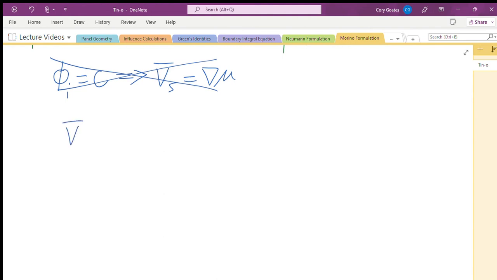V on the surface is equal to the gradient of the total potential on the surface, which is equal to the gradient of free stream velocity plus mu. Now hold on a second, I'm forgetting.